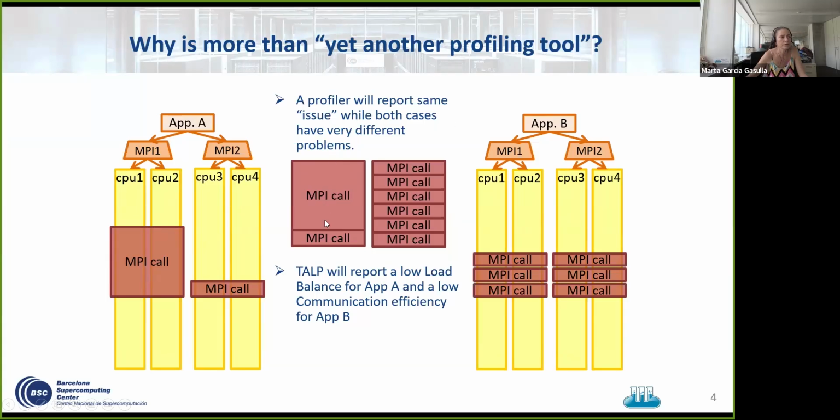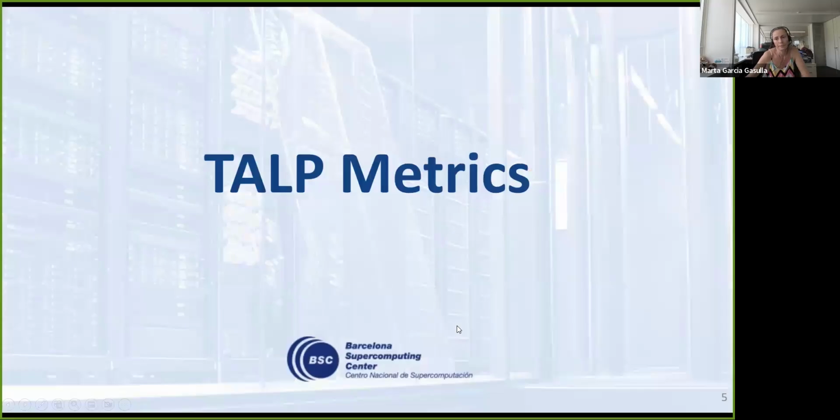A profiler will tell you that there's a lot of time that your application is spending in MPI, but without more information on what the real issue is. TALP will report that application A has a problem with load balance, while application B has a problem with communication efficiency. And this is why the metrics that we report in TALP are so important.